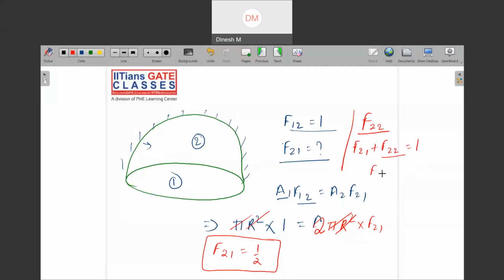So F22 is equal to 1 minus F21, and F21 value is 1 by 2, which is 0.5. So F22 is 1 minus 0.5, which is equal to 0.5. So F22 value is 0.5.